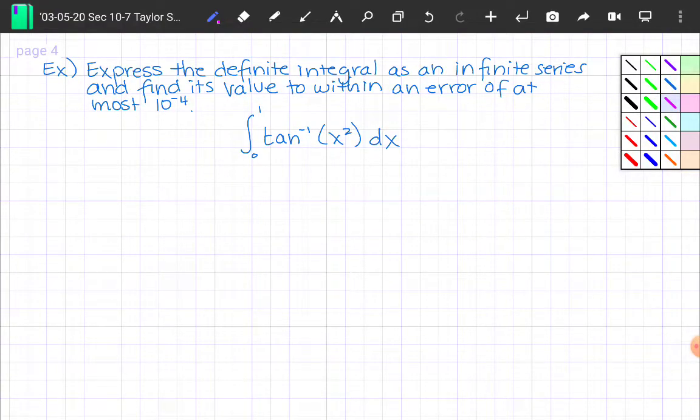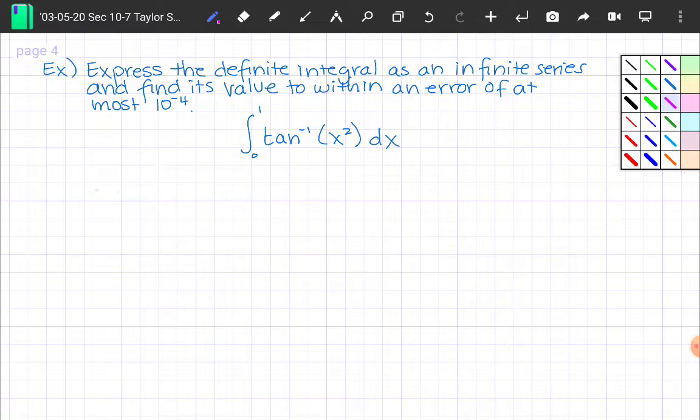So it's a definite integral. It's going to be the area under this curve. But how do we take the antiderivative of that? Well, we don't have to. We can use Taylor polynomials or Taylor series to help us out.